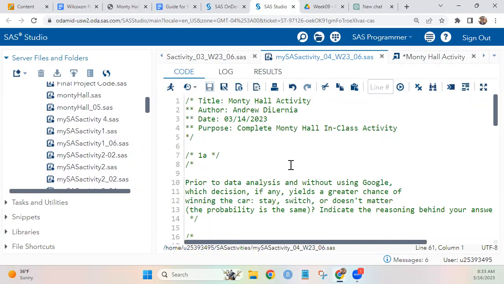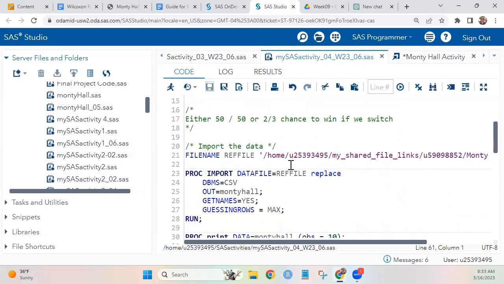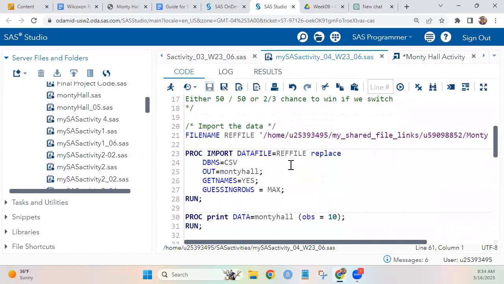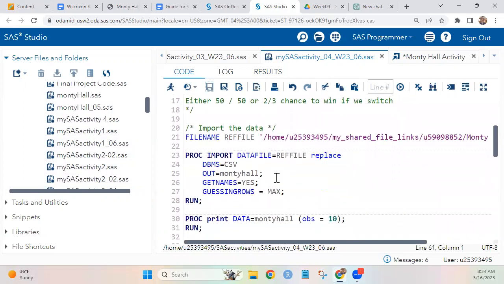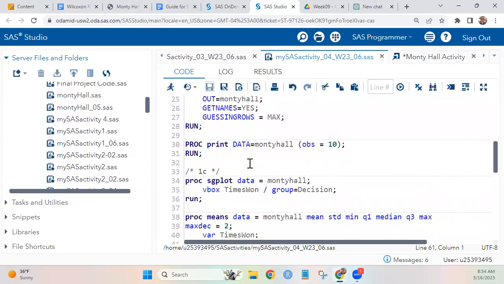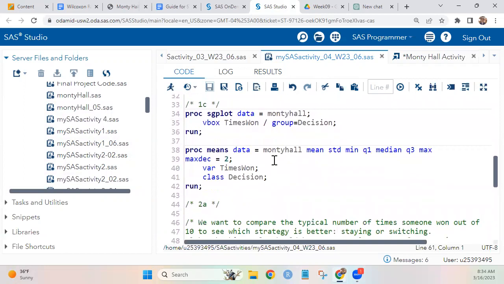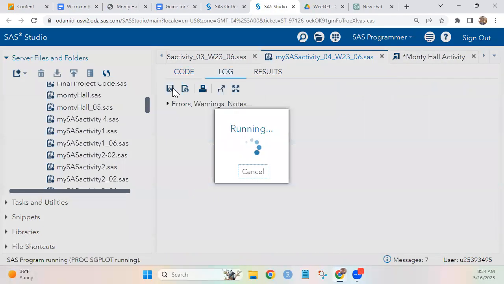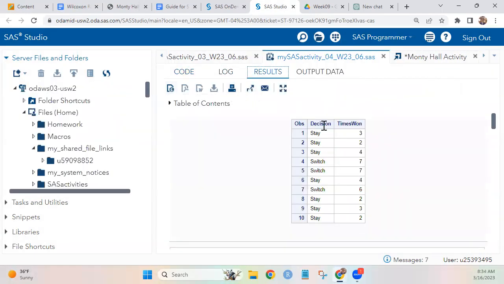So we had imported the data, printed it, and then conducted some exploratory data analysis using proc sgplot and proc means. So let's just run our whole SAS script and see where we're all at. I think there were 20 responses total.